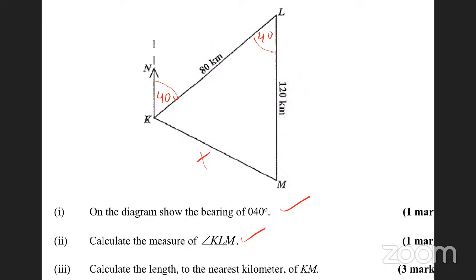That's the last part. Now do your next part. Find x, please. You'll understand why it's cosine rule. You have 2 lengths and the angle in the middle. Most times, I don't want to say all the time, but most times when you're doing a bearing question, it asks you to use cosine rule first and then sine rule. All right?